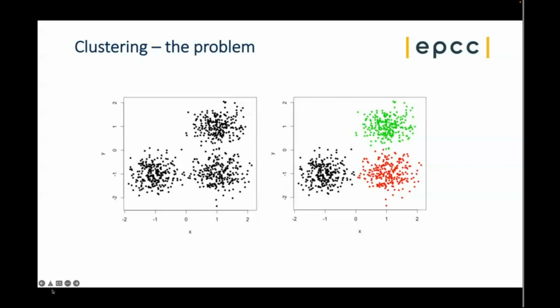So you're assigning a label, but it's not a label of a particular category or class. You're not doing classification. You're just giving it a cluster label. So it's equally valid. This one could be green, this one could be red. The order of the numbering that's given to a cluster is completely irrelevant.